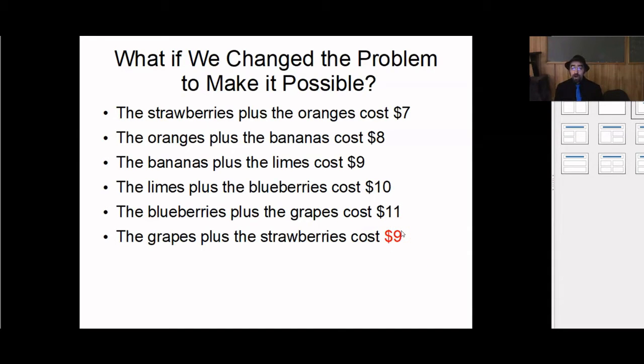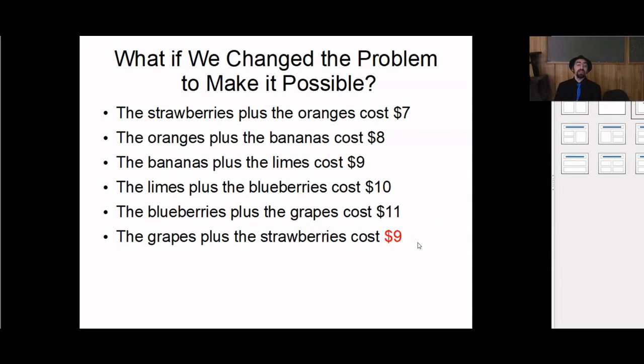We know that if we just look at these first 5 lines, just from lines 1, 3, and 5, we can conclude that all 6 together cost 27. If we know that oranges, bananas, limes, and blueberries combined cost 18, from lines 2 and 4, then that means this has to be a 9, that grapes plus strawberries would have to cost 9.